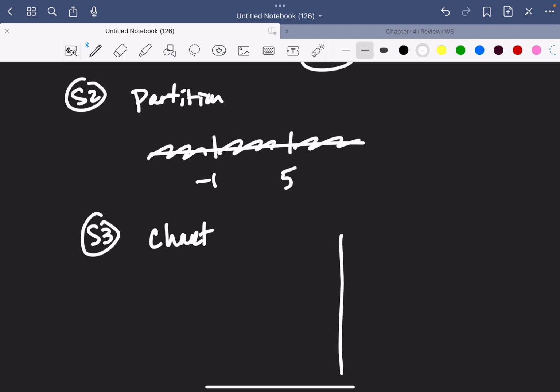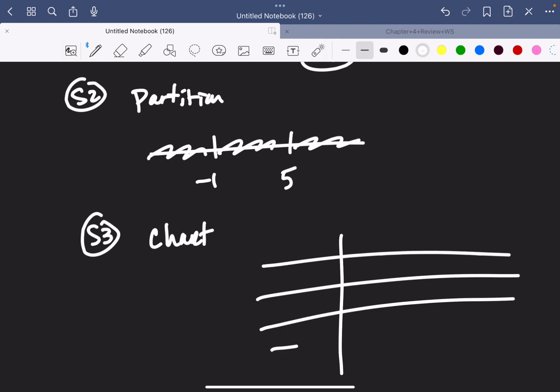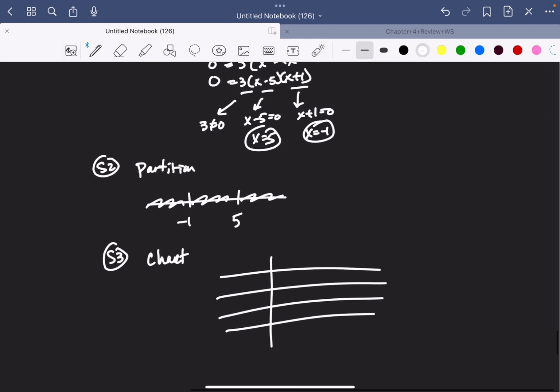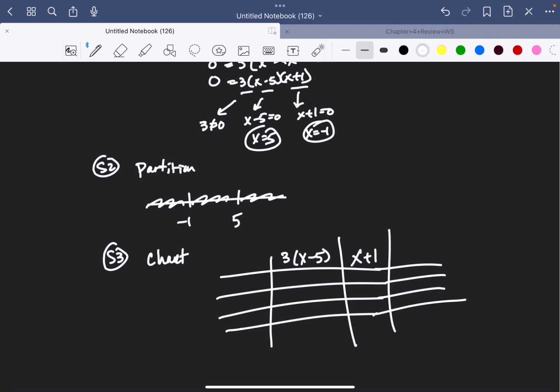And so now step 3 is to chart. So what do we do? Let's see. If we want to chart, we take our derivative and those pieces of our derivative. So we take x minus 5, and we take this x plus 1, and that's going to tell us about our derivative, which tells us about our function.